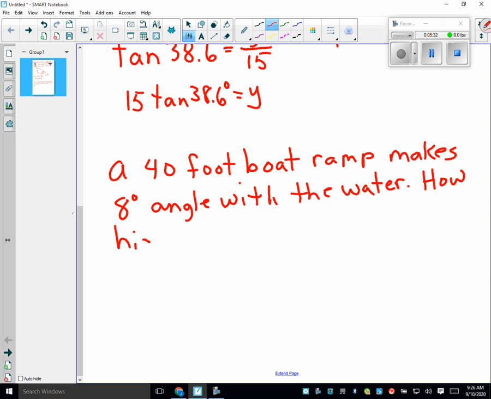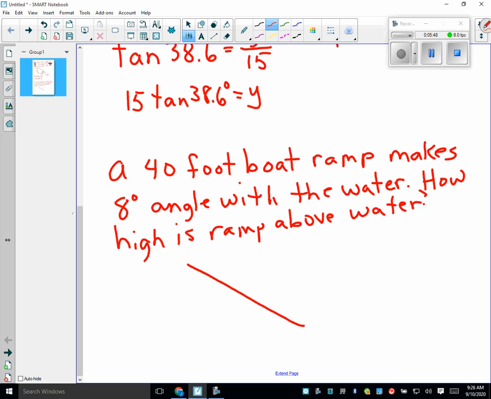How high is the ramp above the water? Well, here's my boat ramp, isn't it? Isn't the boat ramp slanted? We know that's what the ramp does. It goes down into the water, right? And it is 40 feet.